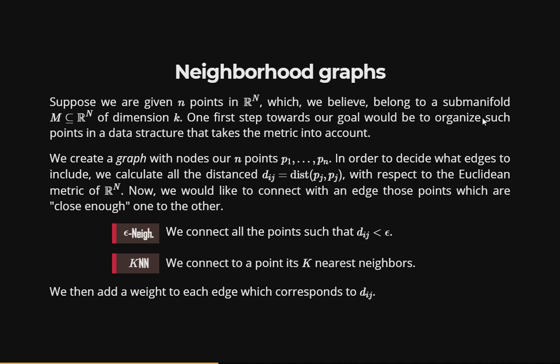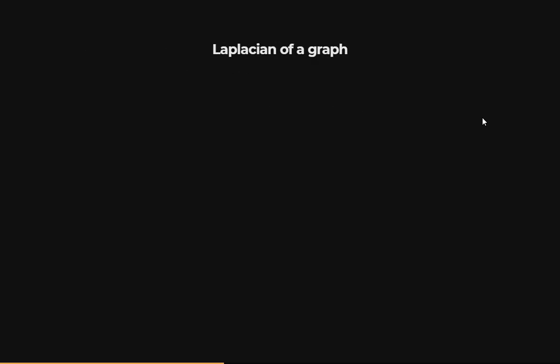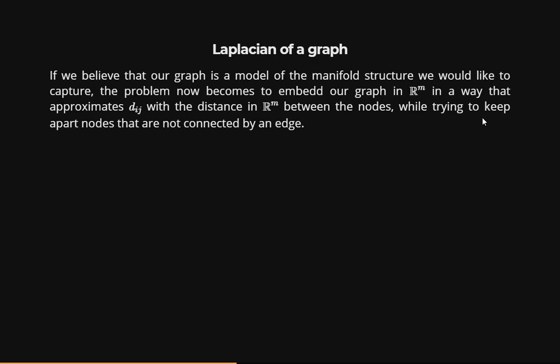Now, once you have this neighborhood graph, sometimes you will just use this graph. Sometimes you will even almost ignore it. Sometimes you will need more. But let's start just using exactly this graph. Now, if you think that that is a good model for your manifold, you could try and embed that graph in some Rn in a way that approximates your distances.